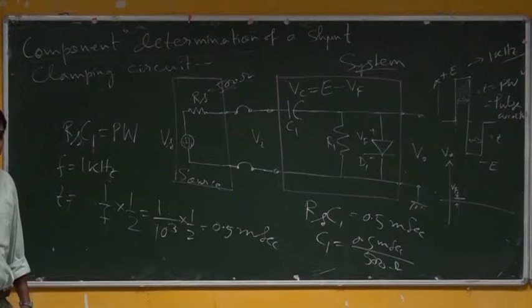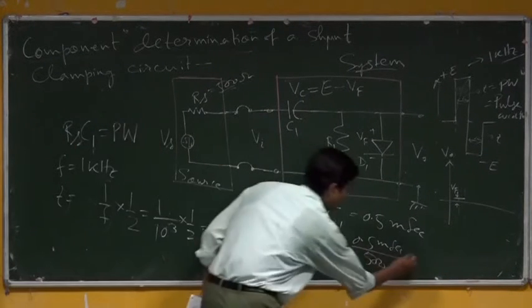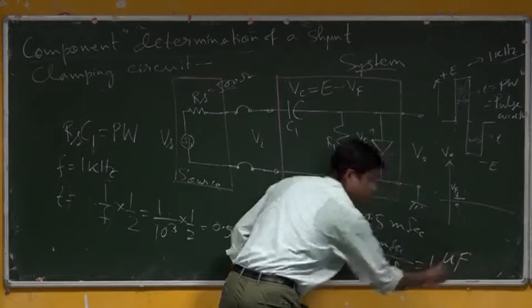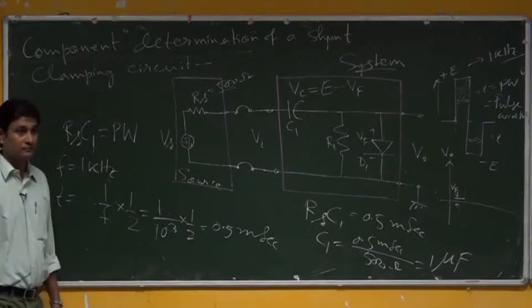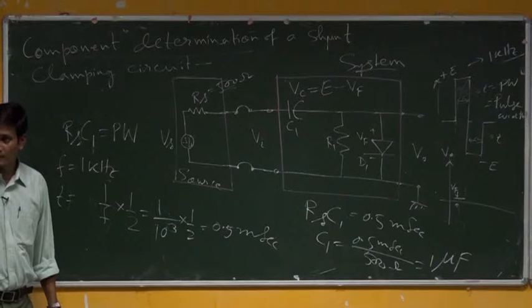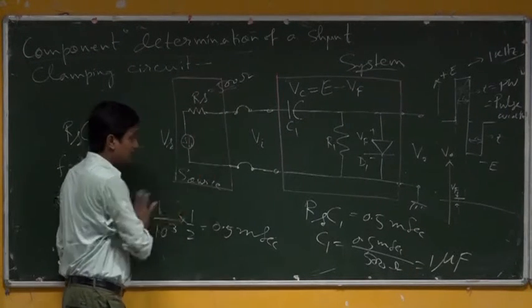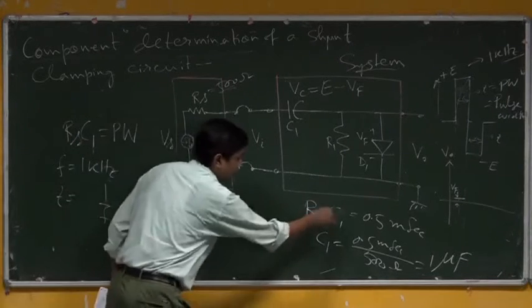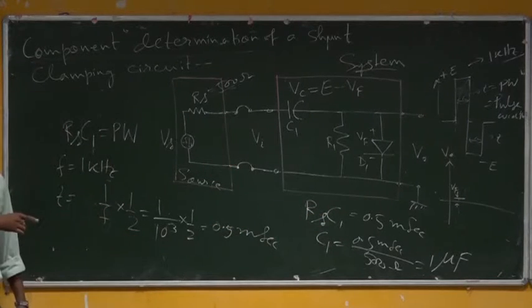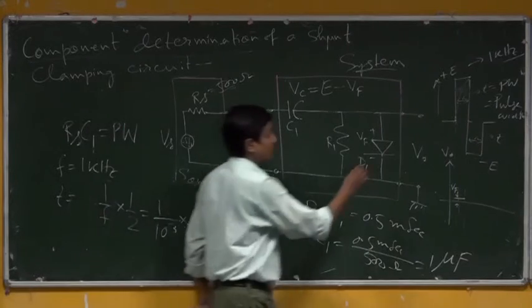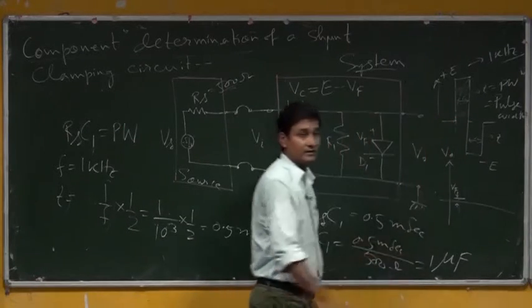How much is it coming? 1 microfarad. Okay. So for a given source with this Rs value, the C1 value should be at least 1 microfarad, so that the charging will happen within this period.